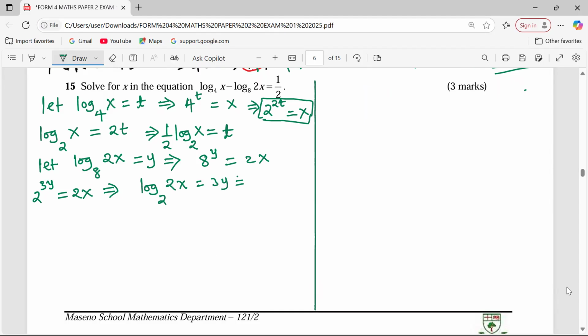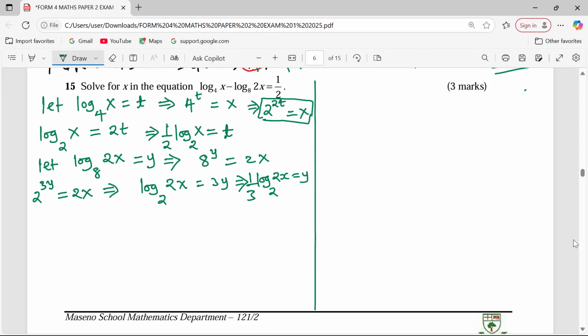So how do we remain with y? By dividing through by 3. So this shall be a third the log to base 2 of 2x. So now that y and t have been expressed as logarithms to the same base, we can rewrite our original equation.